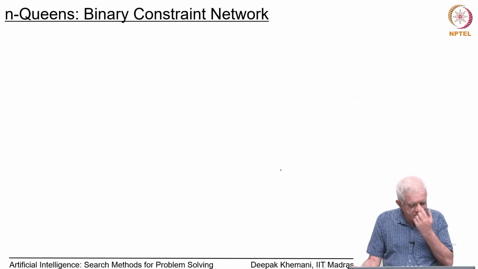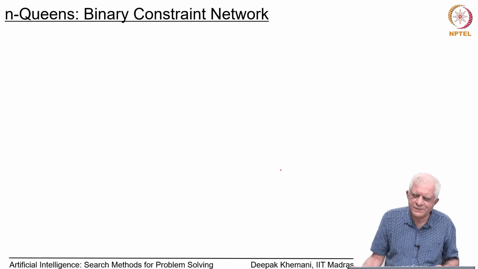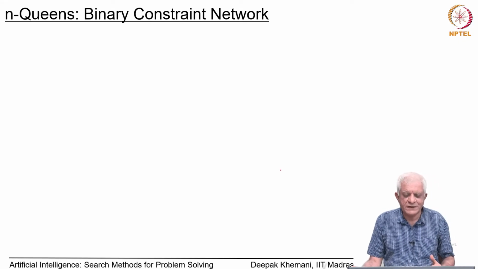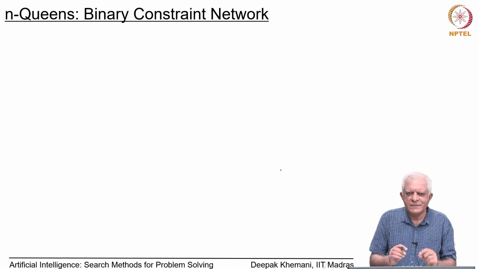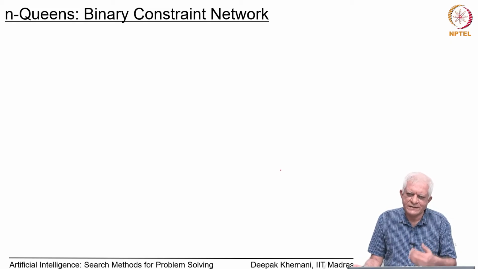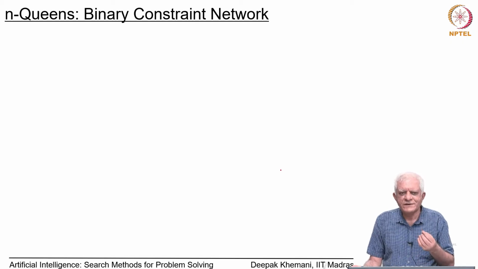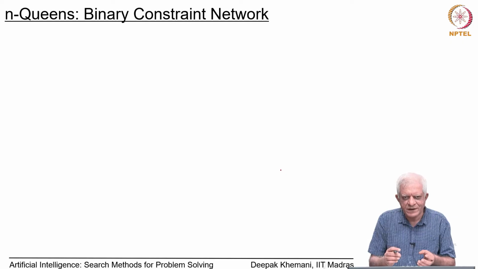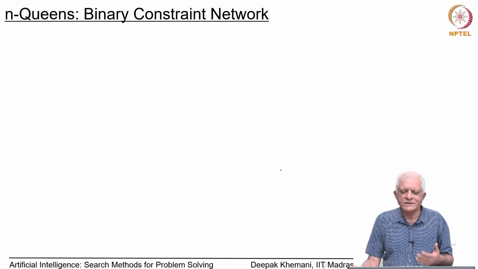So, if we express the n-queens problem as a binary constraint network, which basically means that we tell you the relation between placing 2 queens, let us say the queens are labeled A, B, C, D, E as I said. How can you place A and B, how can you place C and D, and that kind of thing. So, it is a binary relation.